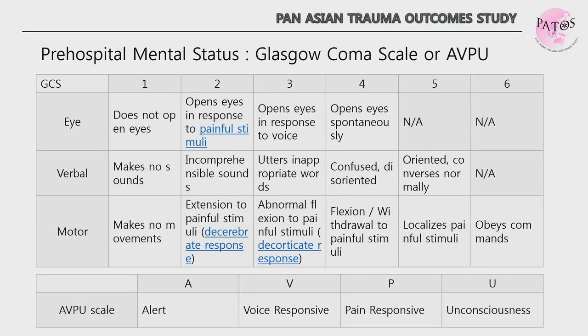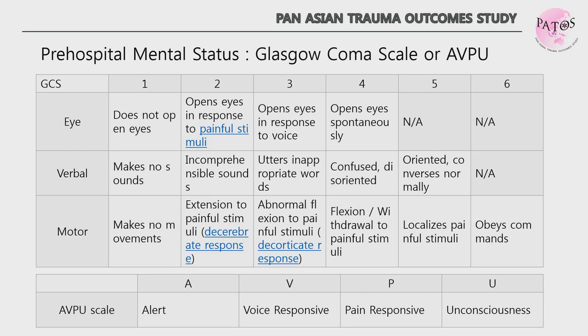There are usually two types of methods for measuring a patient's mental status: Glasgow Coma Scale and ABPU. Glasgow Coma Scale, GCS in short, evaluates a patient's eye, verbal, and motor movement in 1 to 4, 1 to 5, and 1 to 6 ordinal scales, and combines the three scores into a 3 to 15 ordinal scale.